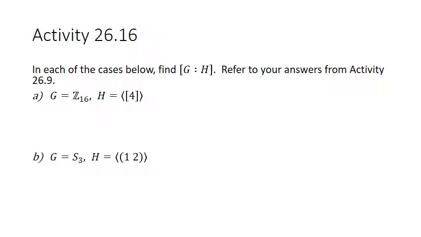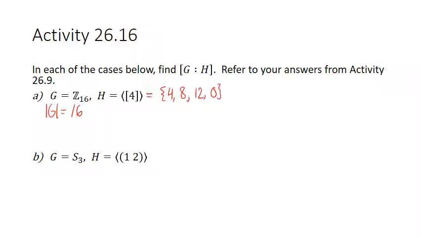Okay, so let's go over the answers here. I'm going to calculate what G and H are in terms of their orders. The order of G here, it's Z16, so this is going to be 16. And then H, the subgroup generated by 4, is going to consist of 4, and then 2 times 4, and then 3 times 4, and then 4 times 4, which is 16, but that's 0.